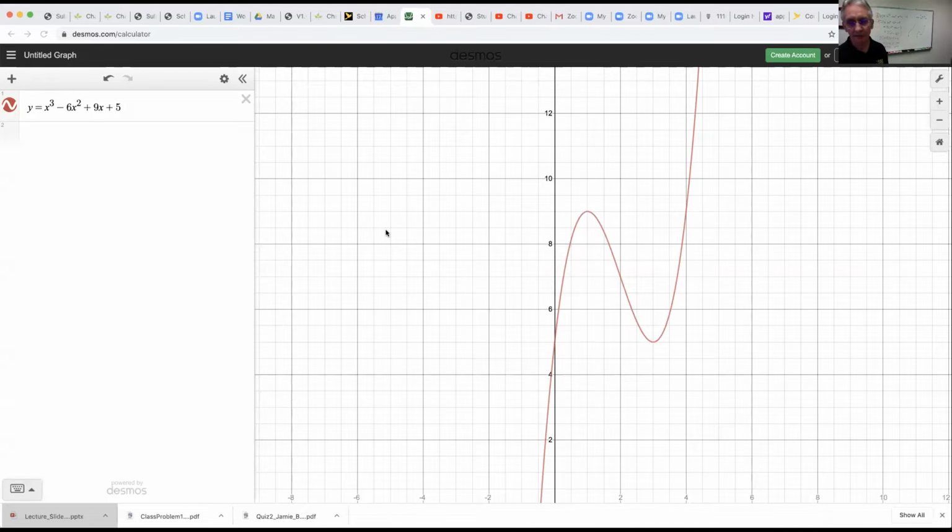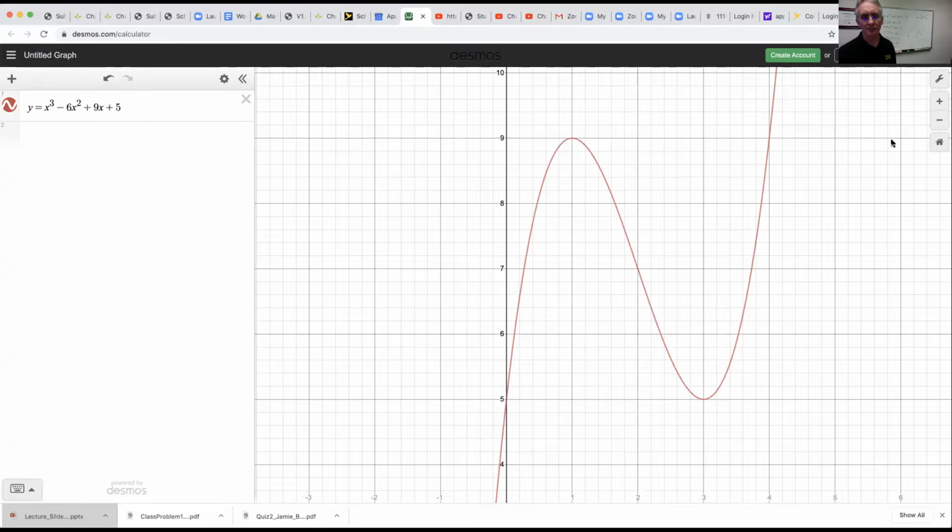Let's zoom in just a little bit and see if we can get some more detail on that. Okay, yeah, 9 shows up and 1 shows up. 1, 9 is a local max, and 3, 5 is a local min at x equals 3. All right, so those are the critical values that we saw in the situation.